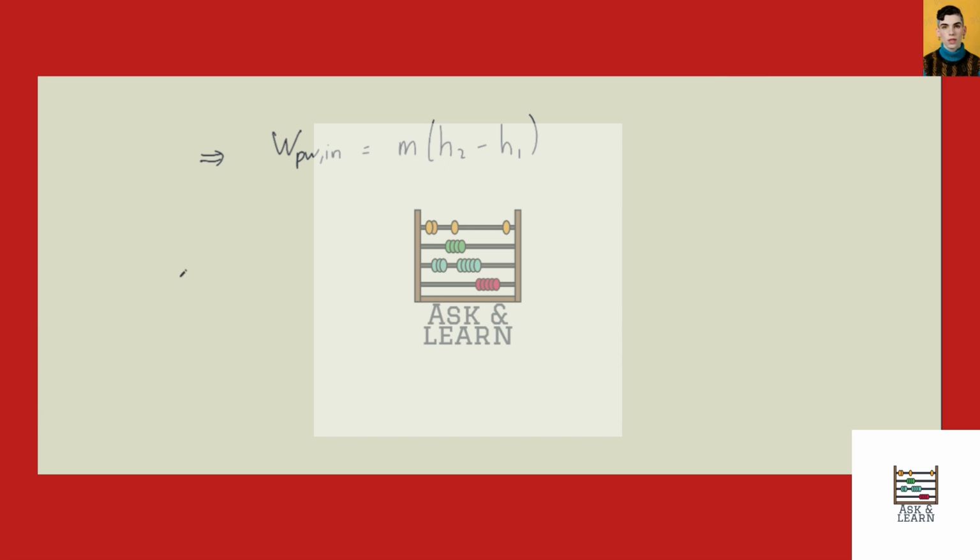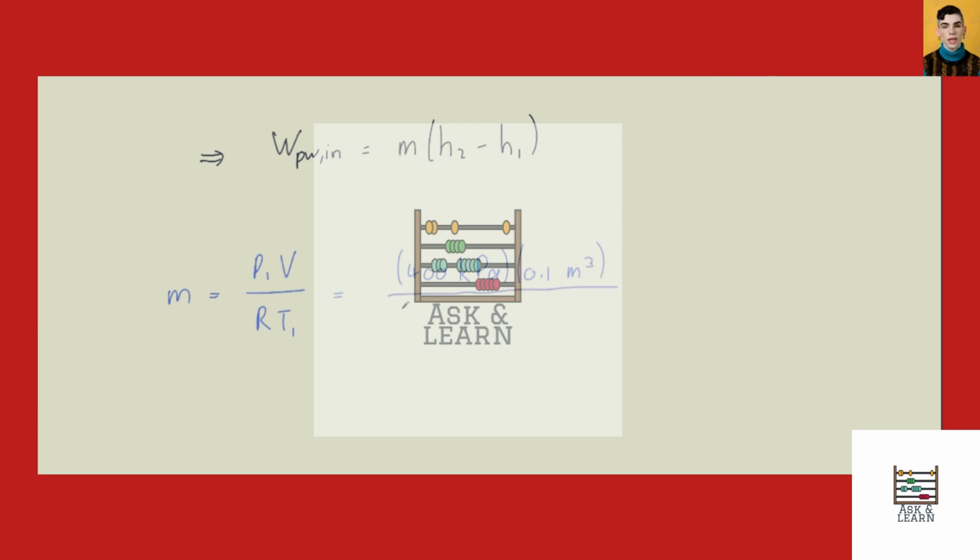Now we have this equation. We first need to find the mass of air that's involved in this process. So the mass of air, M, is equal to P1 times V over R T1. The initial pressure is 400 kilopascals. The volume is 0.1 cubic meters.